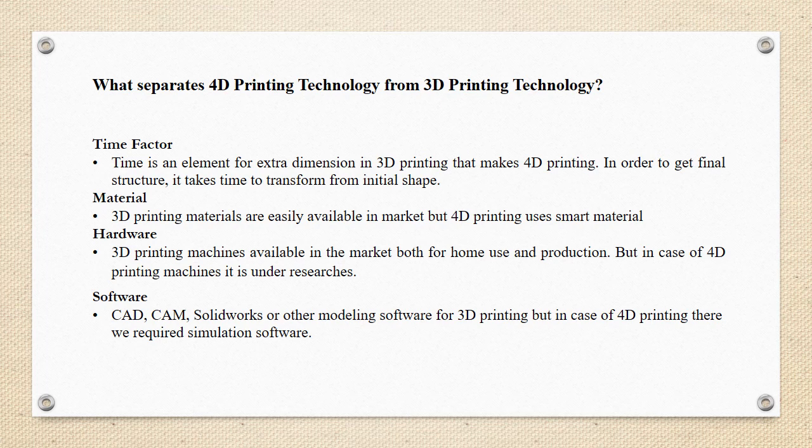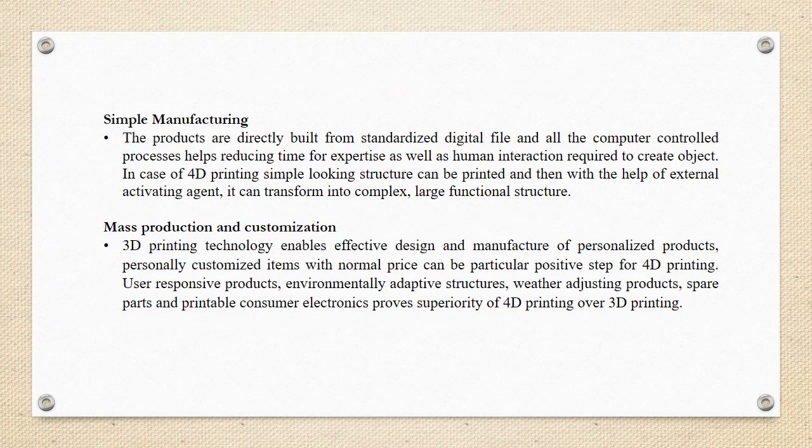In 3D printing, materials are easily available in the market, but in 4D printing we use smart materials that are not easily available in the market. Hardware: 3D printing machines are available in the market, but 4D printing machines are under research. Software: CAD, CAM, and SolidWorks are modeling software for 3D printing, but we require simulation software for 4D.